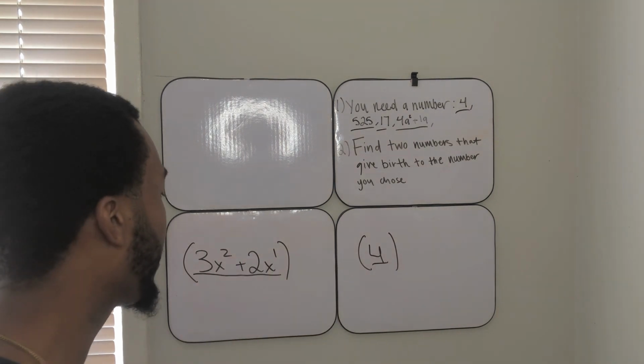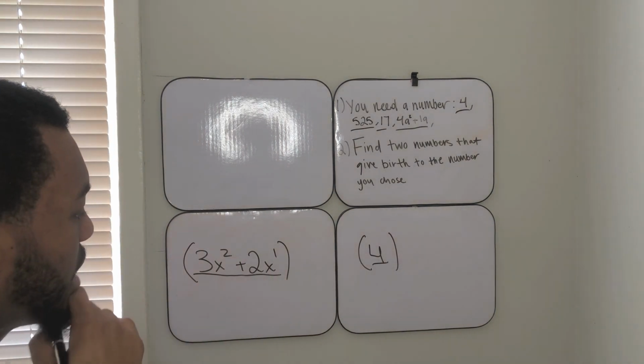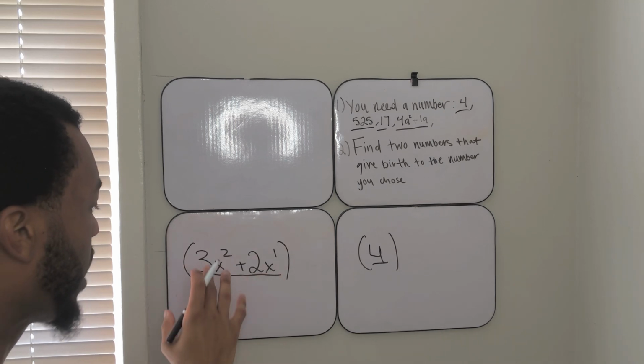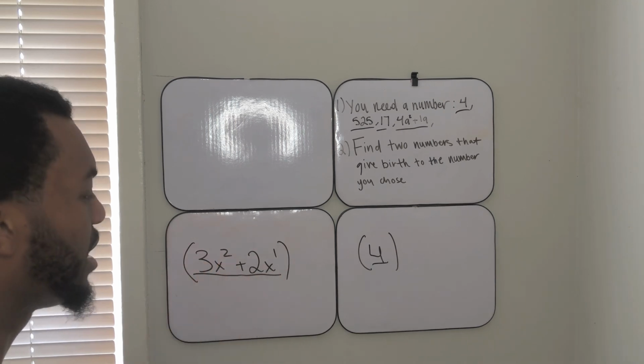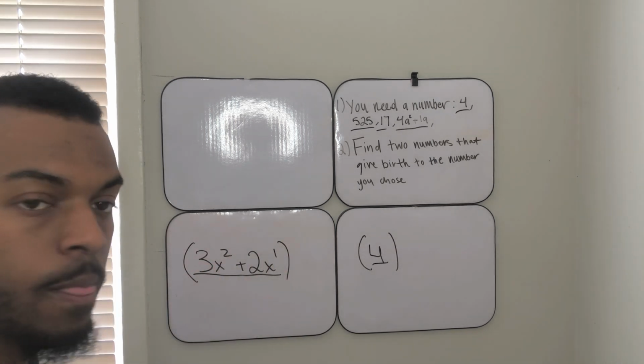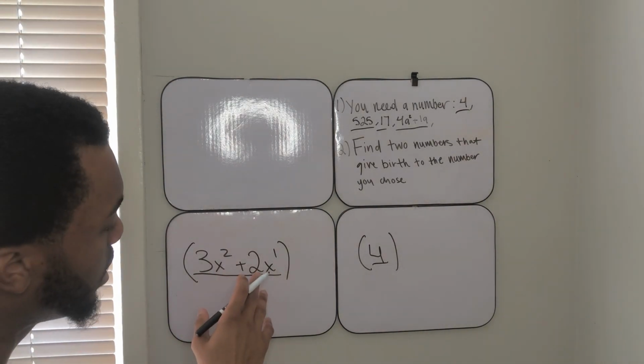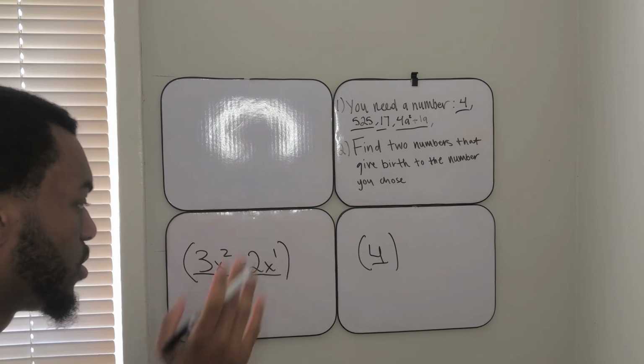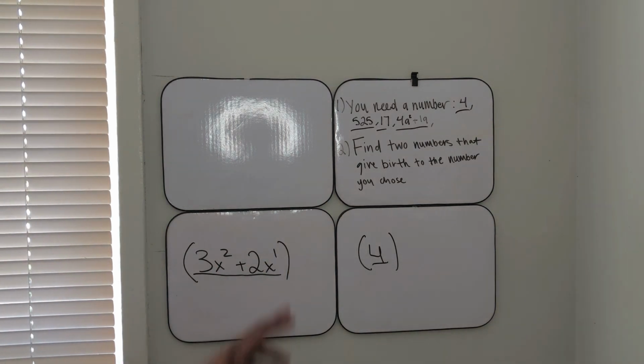So how do we go about factoring this number? Well, first we have to look at what numbers make up this whole thing. We have 3, we have a variable x, and that variable is raised to the second power. And then the second one right here, we have 2 as a coefficient, and the same variable with x to the first power.